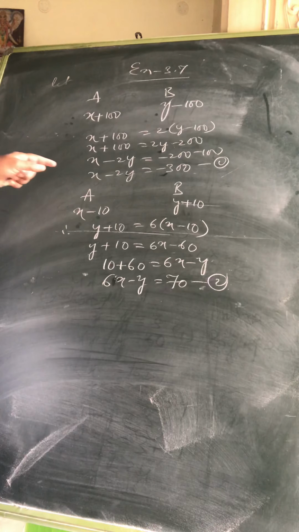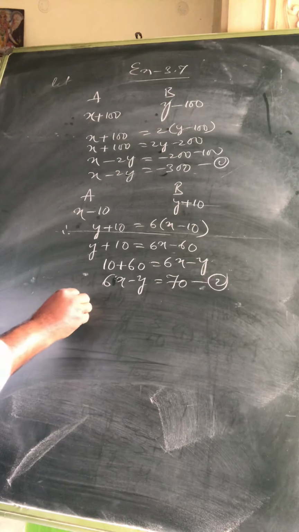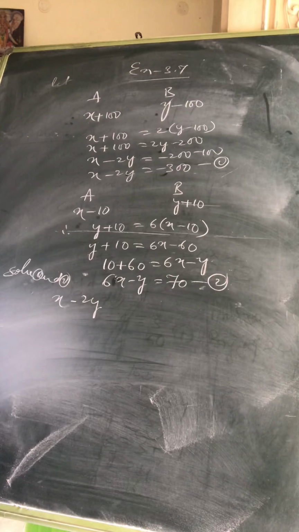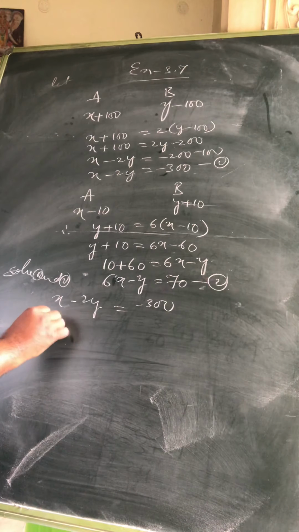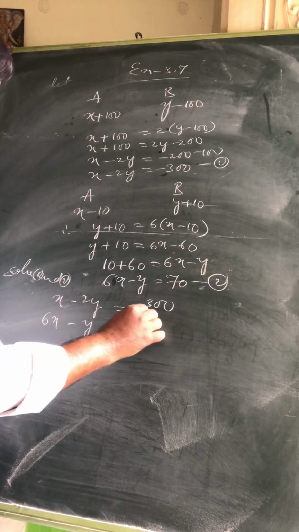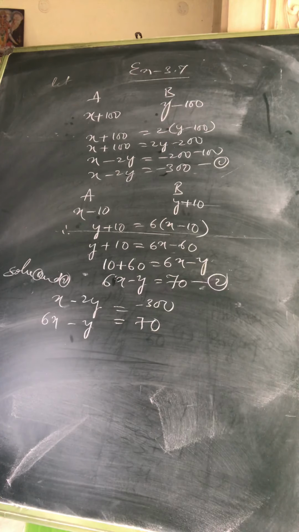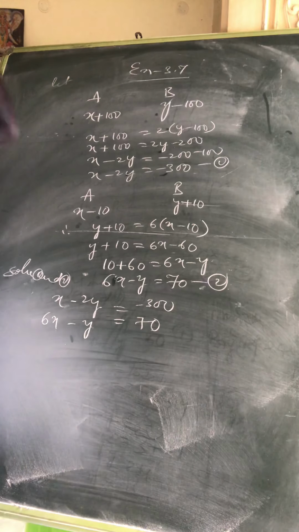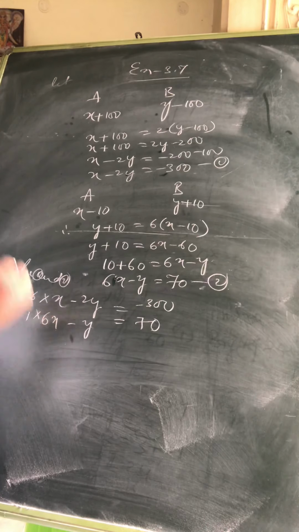Okay, two equations you got. Now we have to solve the first and second equations. x minus 2y is equal to minus 300, and 6x minus y is equal to 70. Then what we have to do here? We have to make either the y terms or x terms equal. Shall we make the x terms equal, multiplying the first equation by 6.